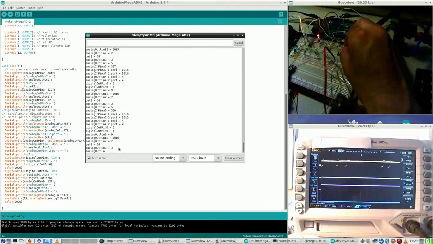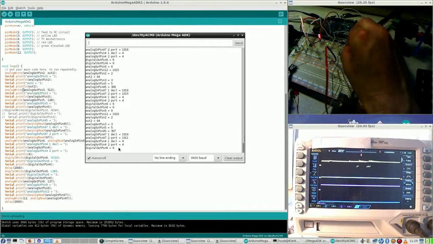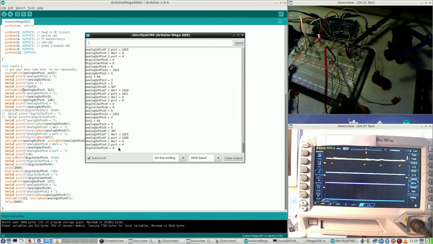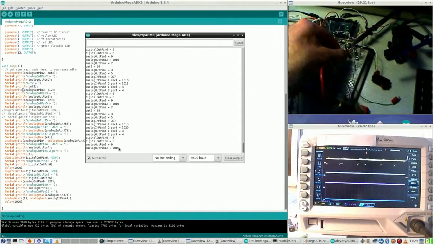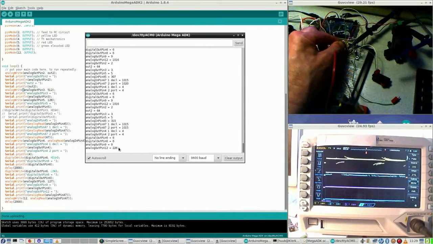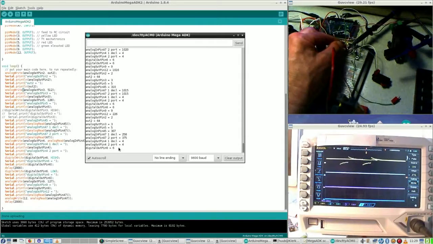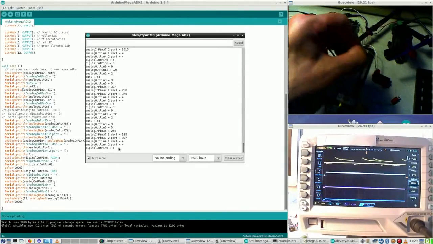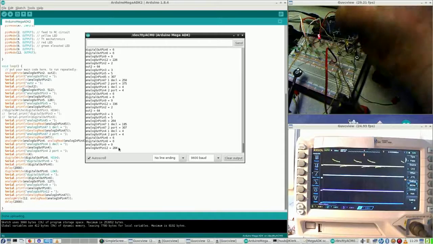I am touching the LED now. And nothing, absolutely nothing's happening. Maybe with the wrong hand because I'm blocking something. Alright, not going to work.